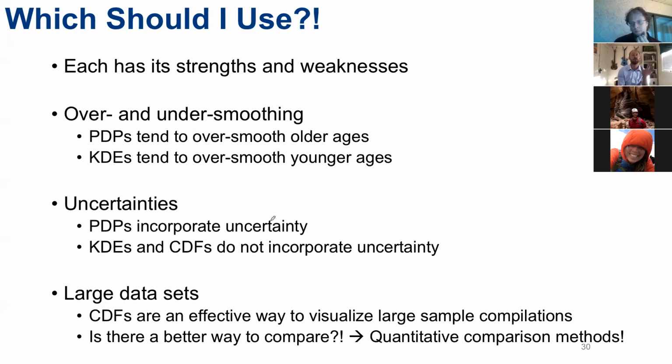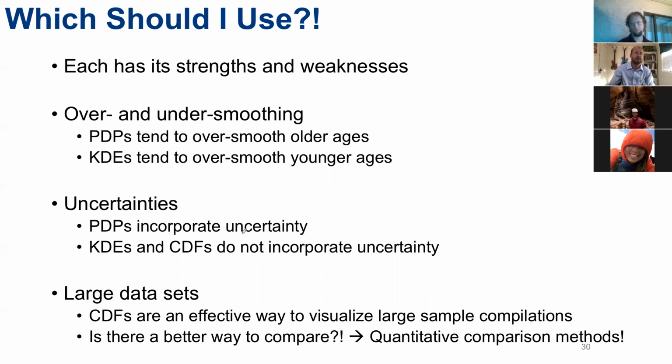They will oversmooth the young and undersmooth the old. And at the end of the day, you're just trying to say something about the rocks, right? So if you're going to interpret your data in a visual fashion like I did here, you just want to pick the most representative one, whatever will actually show you something.